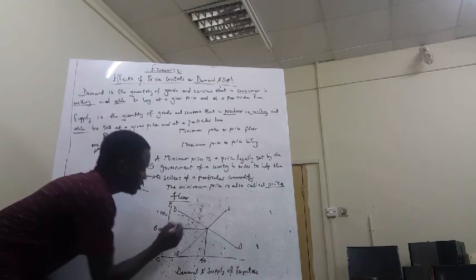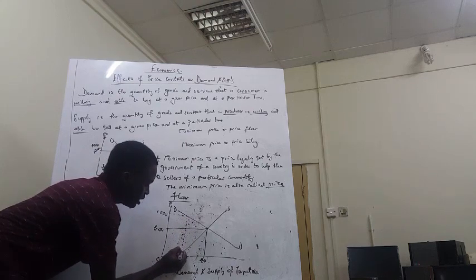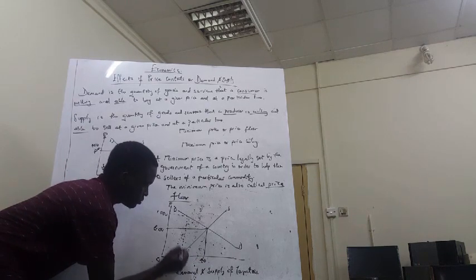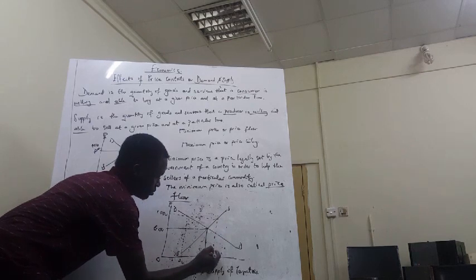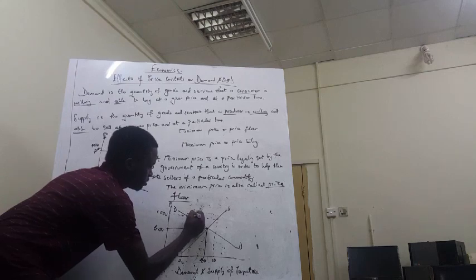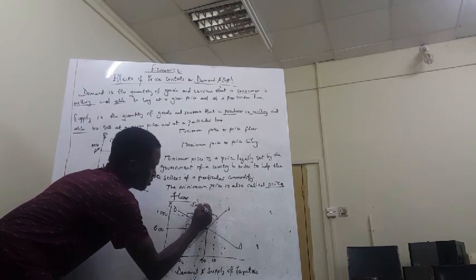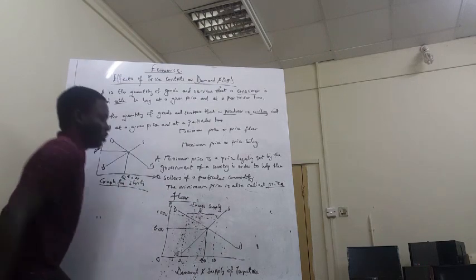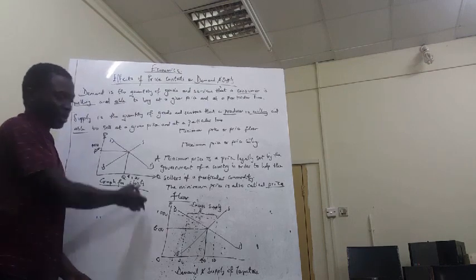What do you observe at this point? Two things. You observe that this is the demand for tomatoes now, which is now below 40. Let's say 20. Then what is the supply of tomatoes? Okay, let's say 50. So this place represents excess supply. As the minimum price is set above the equilibrium price, what do you observe?